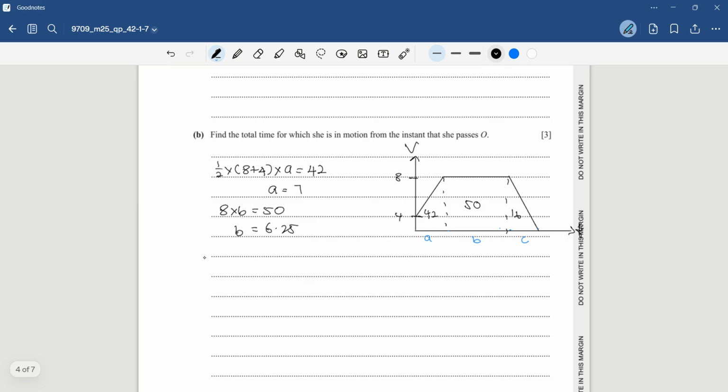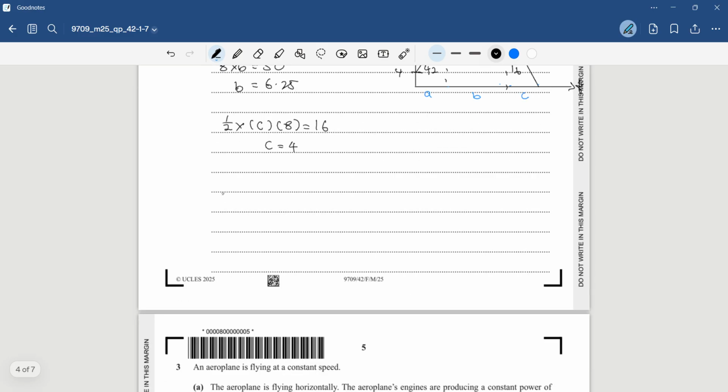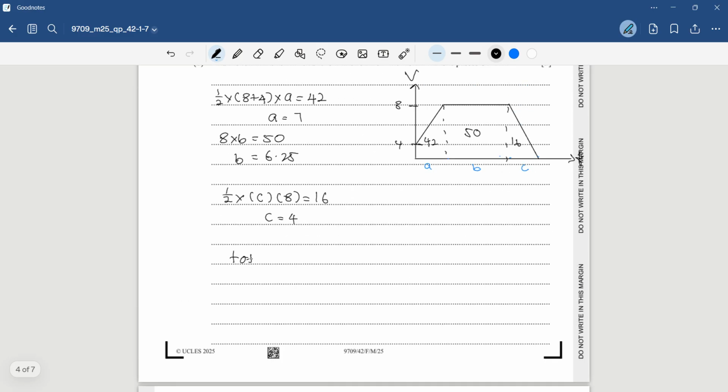For the third one, it is a triangle, so 1 over 2 multiplied by base times height is 16. So c equals 4. Therefore, total time will be 7 plus 6.25 plus 4, which is 17.25. That's it.